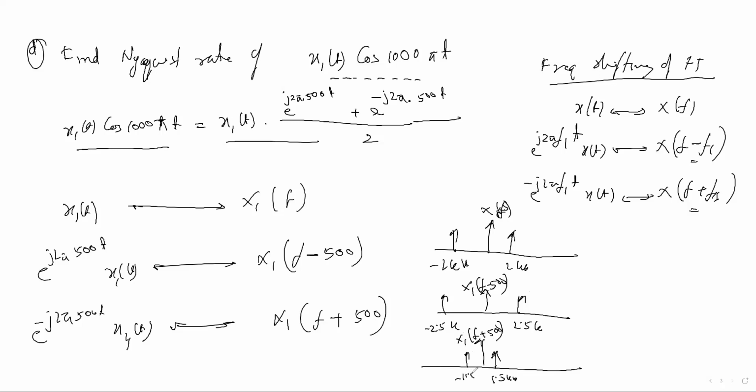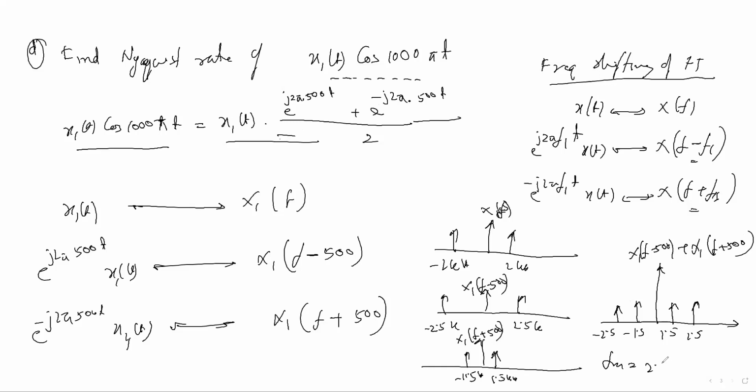So what is the ultimate signal? The ultimate signal is both x1 of f minus 500 plus x1 of f plus 500. These two, so 1.5, 2.5, minus 1.5, minus 2.5. What is the maximum frequency here?